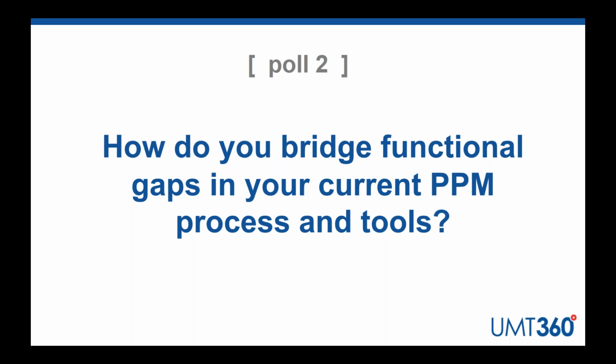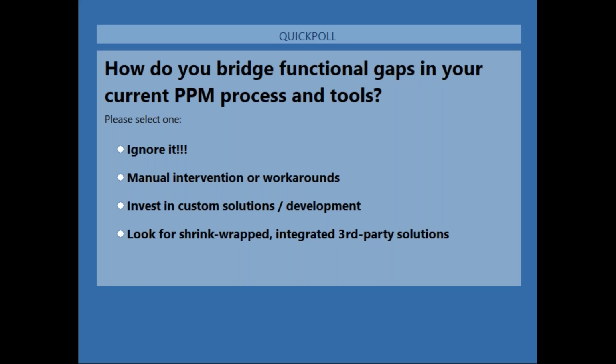So next poll and last poll. When you're faced with functional gaps in your current PPM process or PPM tool set, what do you do? So how do you bridge functional gaps in your current PPM process and tools? So we have here, first one, we just ignore it, hope the problem goes away.